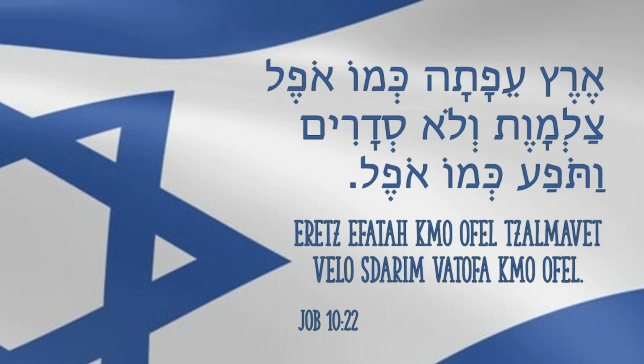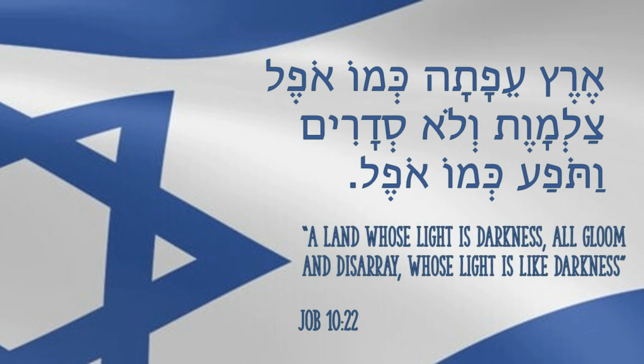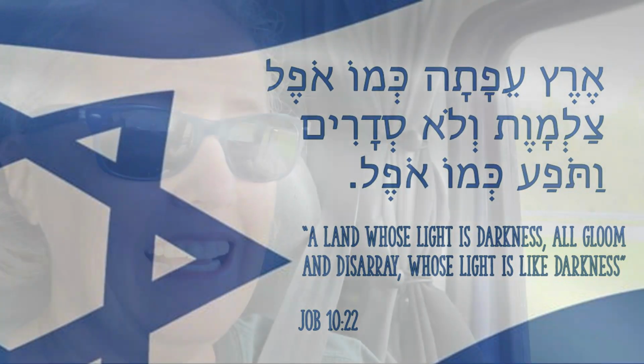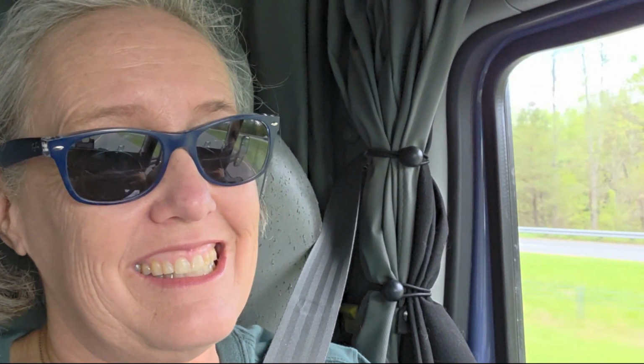And this verse says, Eretz efata kmo ofel, salmavet velo sedarim vetofa kmo ofel. And the JPS translates this verse as, a land whose light is darkness, all gloom and disarray, whose light is like darkness. So, a cheery verse, just what you'd expect from the book of Job.